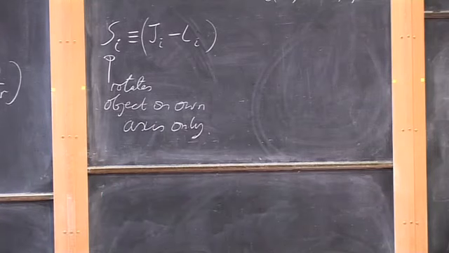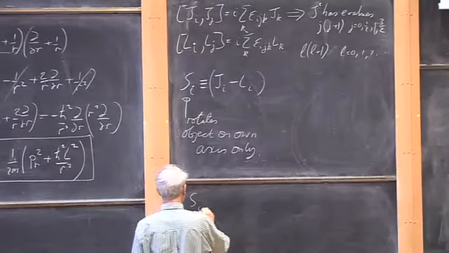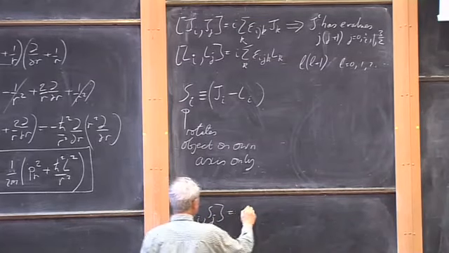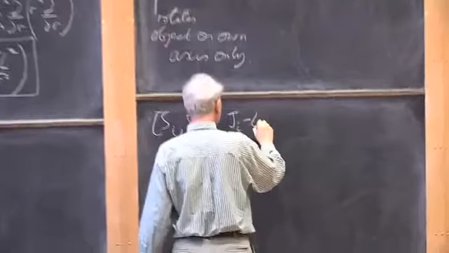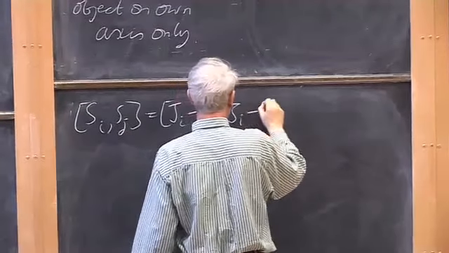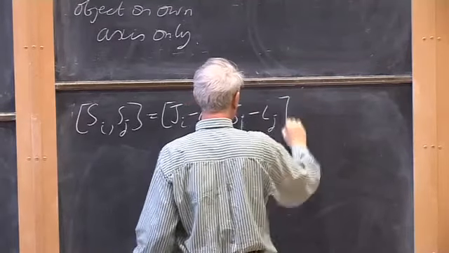Right, so having introduced these newfangled operators, it's important to figure out what the commutation relations are going to be. Now, Si, Sj is going to be Ji minus Li, Jj minus Lj.